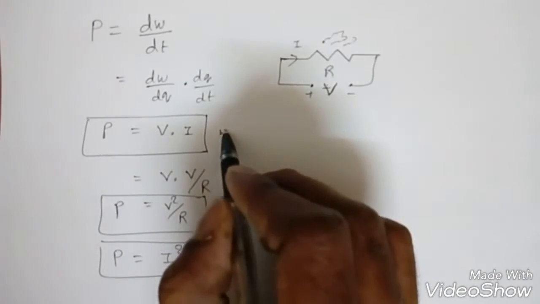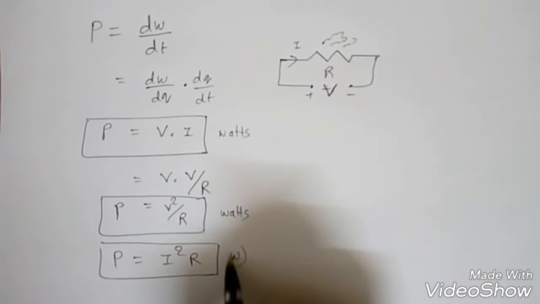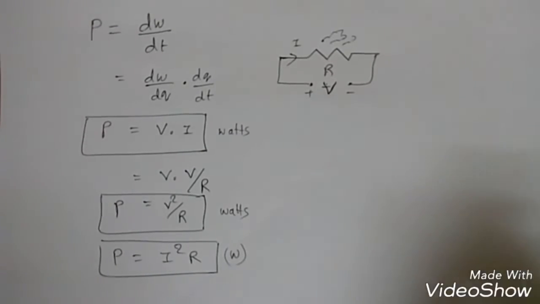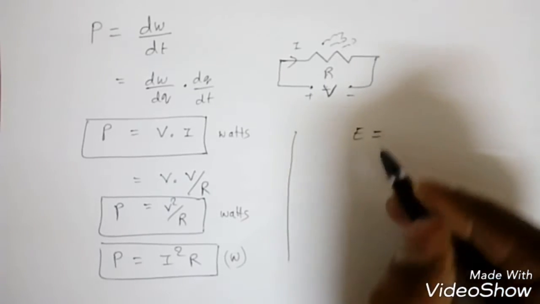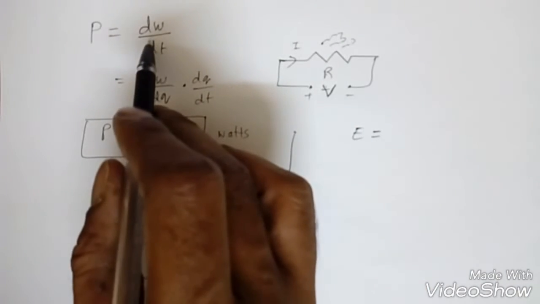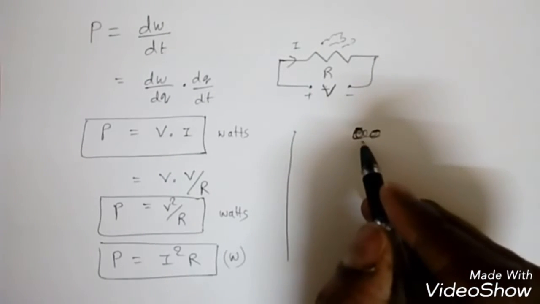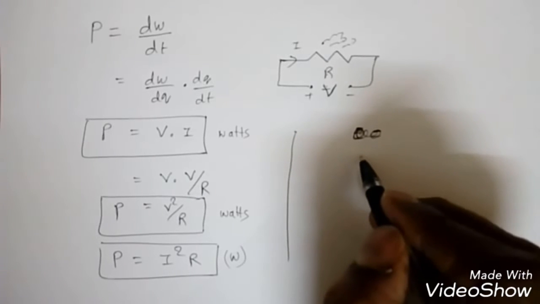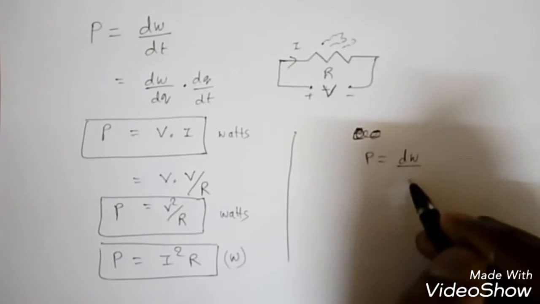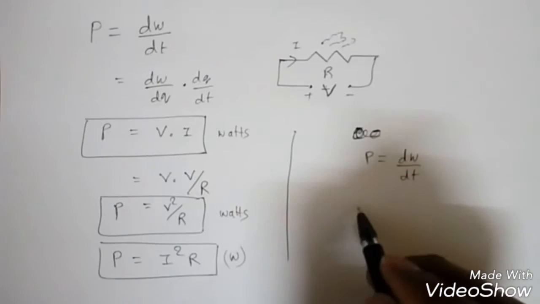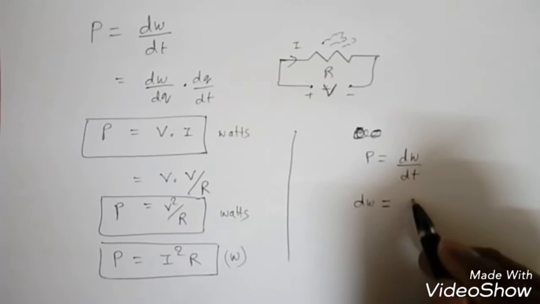The SI unit is watts. Now if I want to find the energy, from this dW by dt, we cannot use E for energy because we already used E for electric field, so I will use W for energy. So P is equal to dW by dt. If I want the work or energy, dW is equal to P into dt.